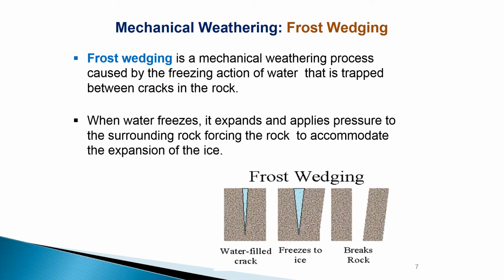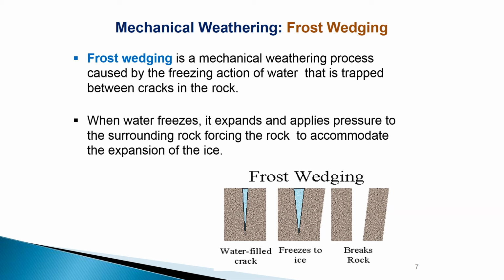This picture shows frost wedging. We have the first one on the left, a water-filled crack with water inside. Then this water freezes to ice. Then the ice, of course, has a different size or volume than water.